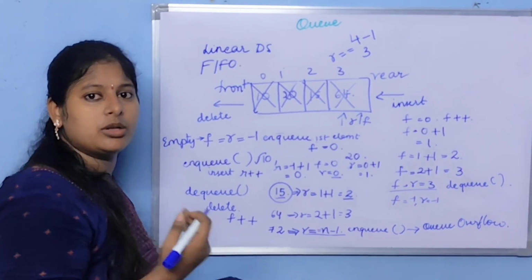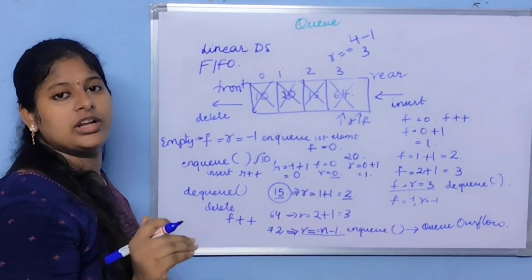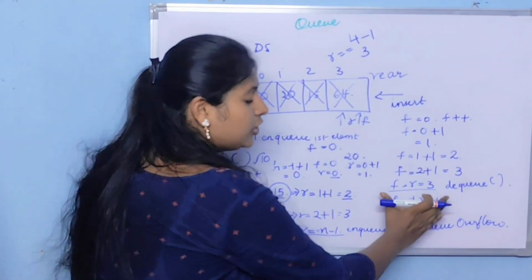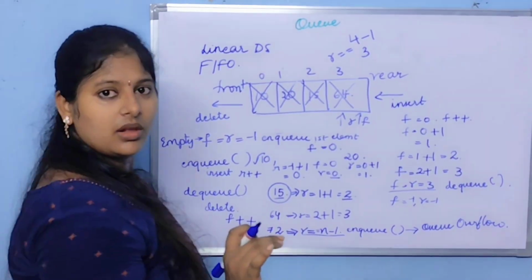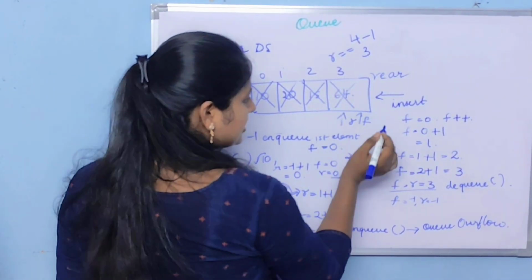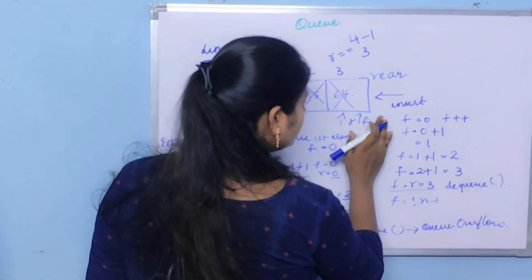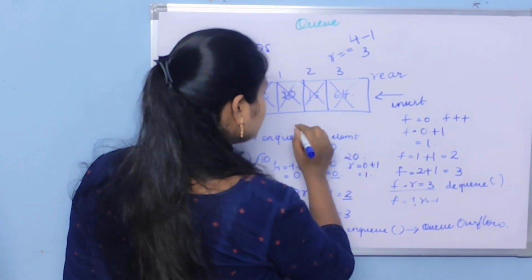The values are automatically initialized to -1. That means the queue is empty, right? After deleting this element, front equals rear equals -1.